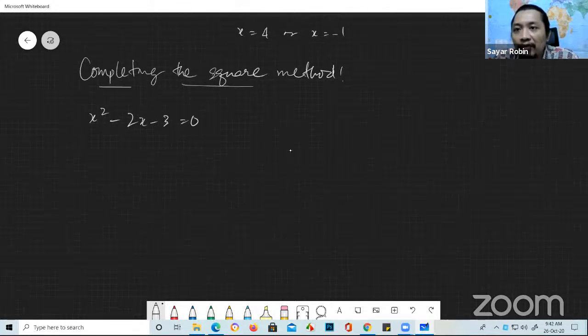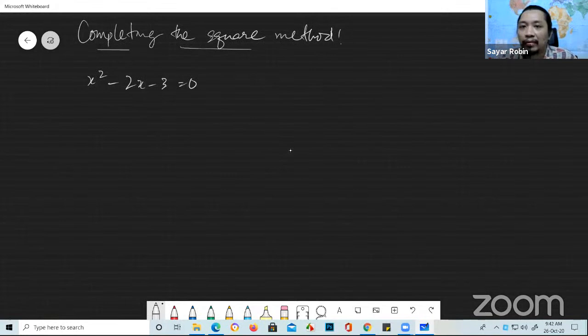Before you use the completing the square method, the most important thing is to check whether the coefficient before x squared is 1 or not. So I'm going to repeat: what is the coefficient of x squared in this expression?